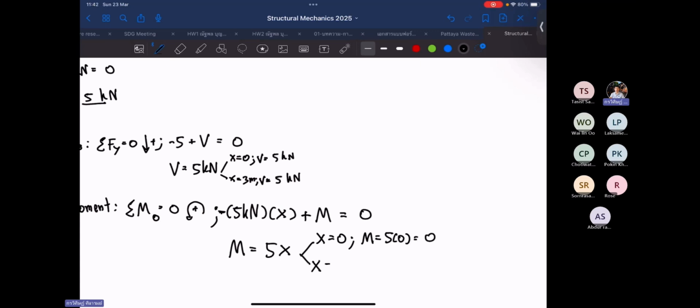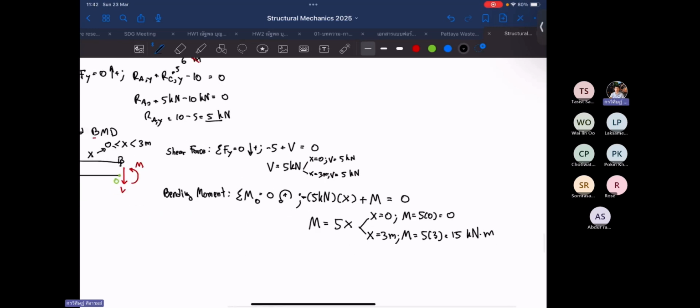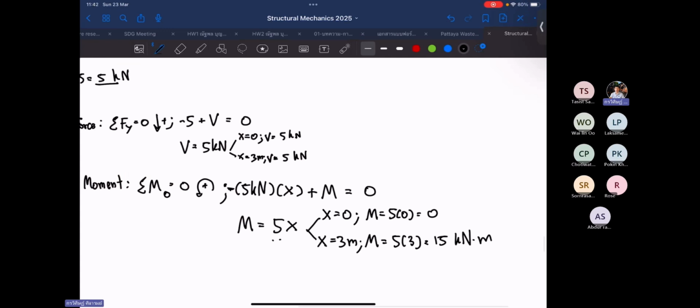If x equals 3 meter, M equals 5 multiplied by 3 equals 15 kilonewton meter. And this is typically a linear equation, a straight line.